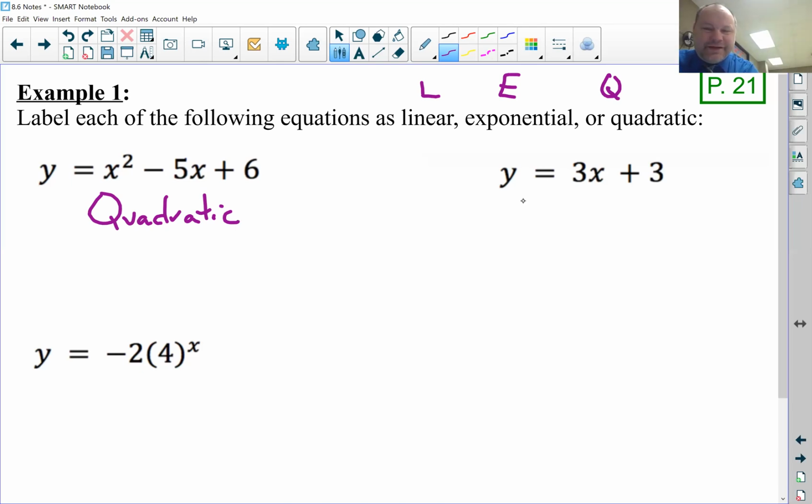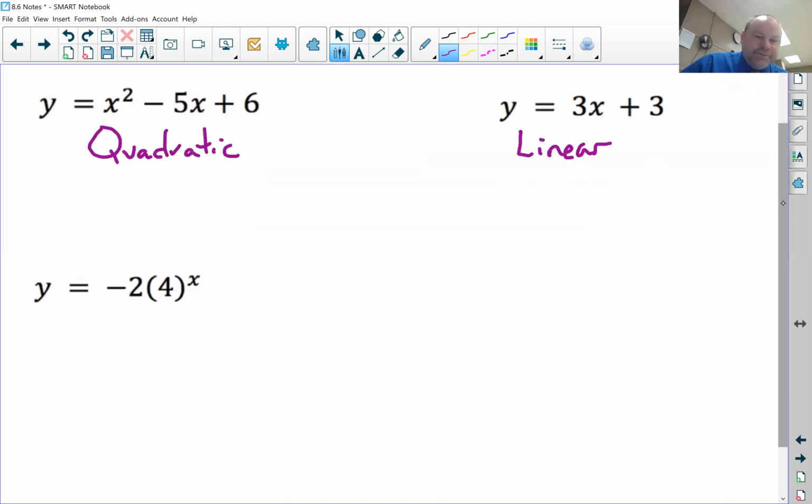I like it, and I agree. They are in agreement. That is linear. Yeah, excellent. Wow, great. All right, and how about the third one here? Y equals -2 times 4 to the power of x. Someone was already beating me to it. All right, I like it.